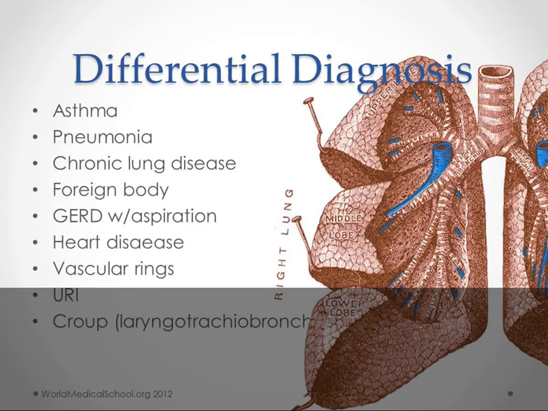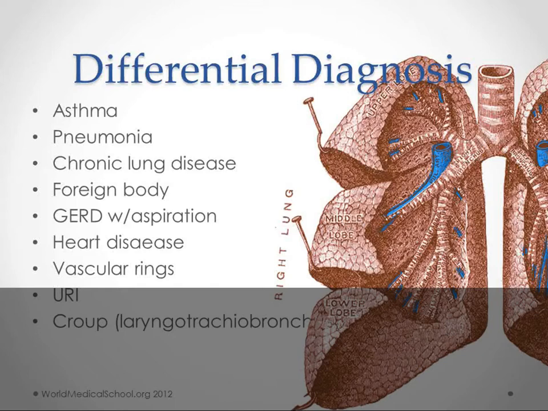The differential diagnosis includes asthma, but really we don't diagnose asthma under the age of 2, and so most of the time we're calling this bronchiolitis under the age of 2. Pneumonia can have wheezing, but usually you're going to hear some lung crackles, and you're going to have signs of pleural effusion.